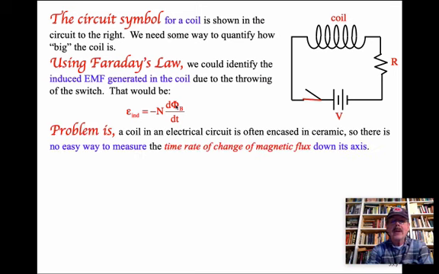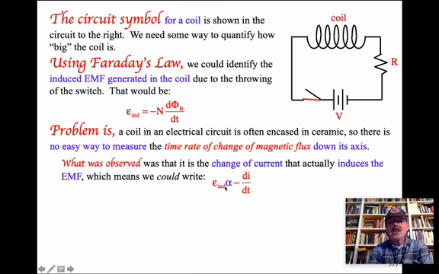And so at some point in time, somebody realized that what's really changing the magnetic flux and producing the EMF was the fact that the current through the coil was changing. So they suggested that the EMF was actually proportional to minus the change in the current.